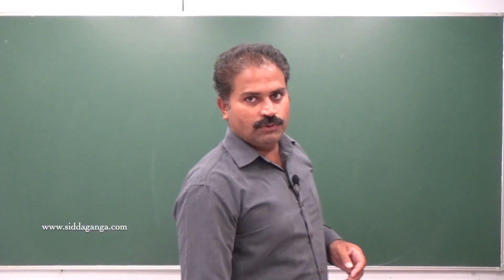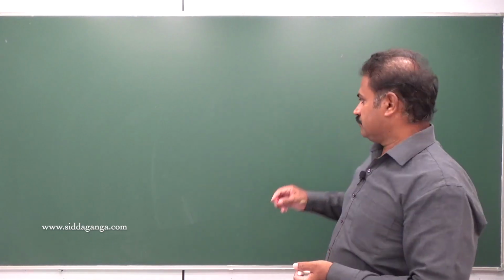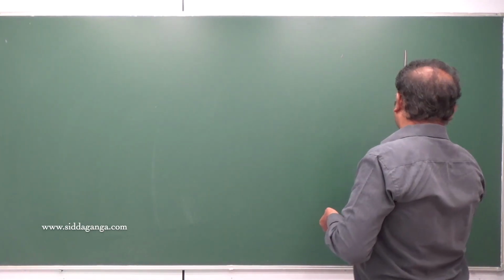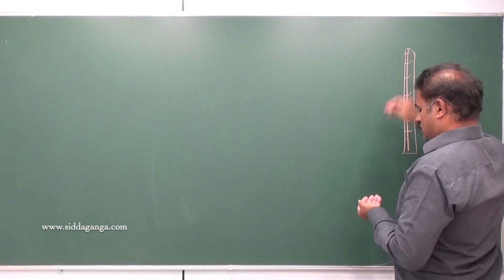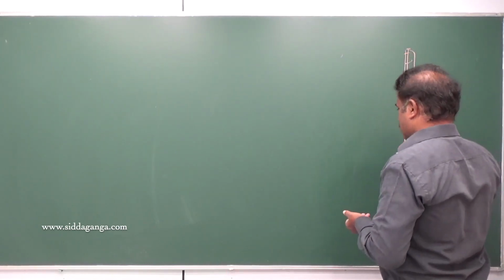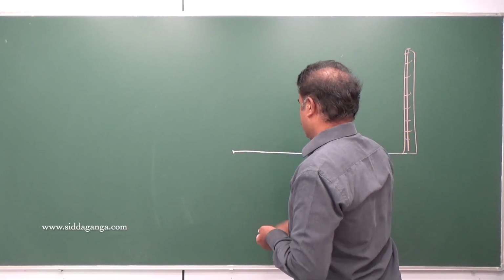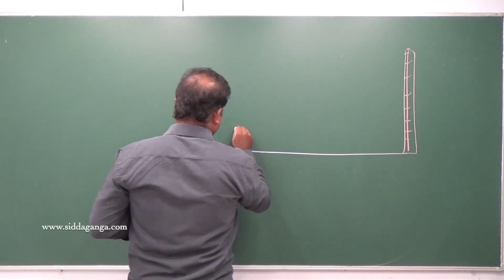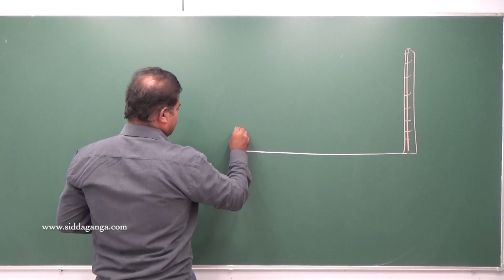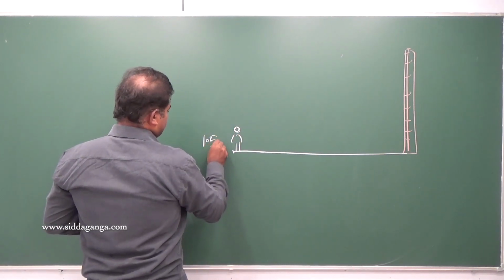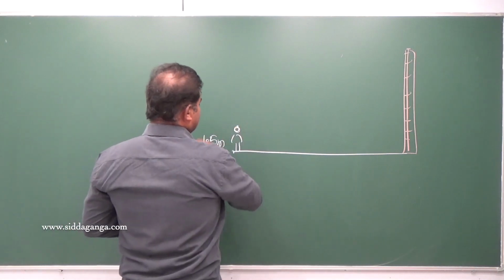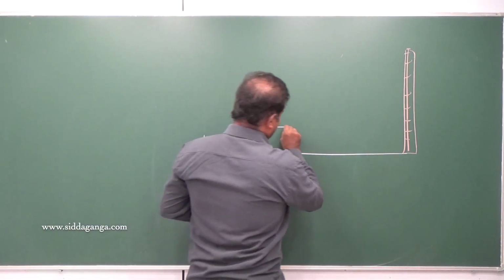So you have a building. So this building is 30 meters tall, and a boy is at a certain distance, and he is of height 1.5 meters, and from his eyes, so this is his horizontal level.